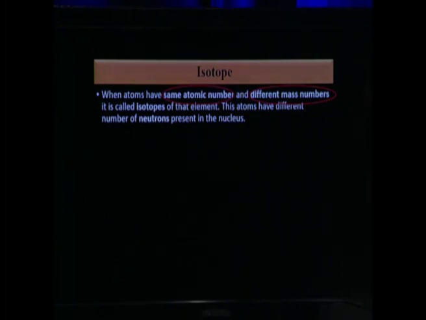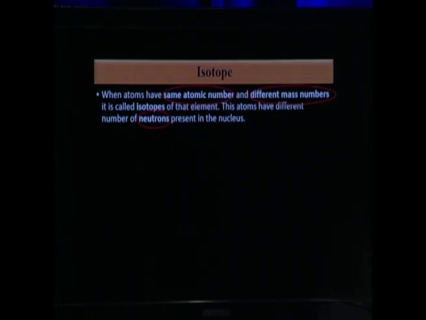It is because these atoms have a different number of neutrons present in the nucleus. So, when there is a difference in the number of neutrons, you will get the same atomic number, the same element, but they will have a different mass number.